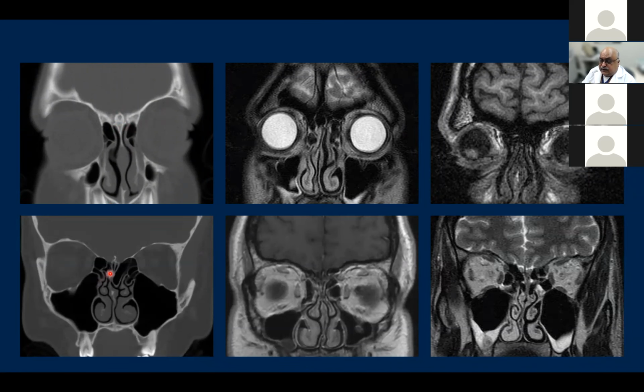Sometimes it just appears as a thin spicule of bone, and it is very difficult to identify. And the complementary images also would show variations in the depths of, and difficulty in assessment of, the olfactory apparatus in these individuals. So these are two examples which show you the variations and how you can complement each other by using CT and MRI to study the structures in the inferior frontal lobe.